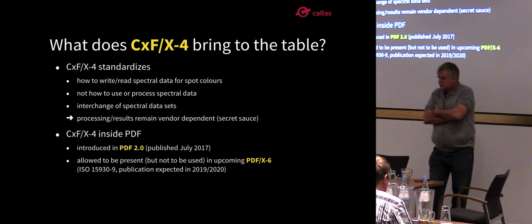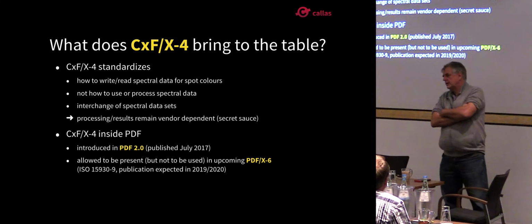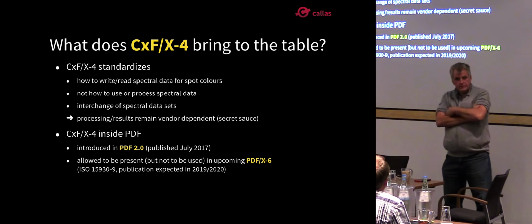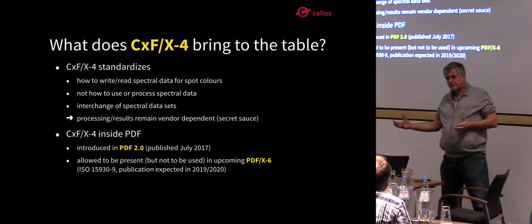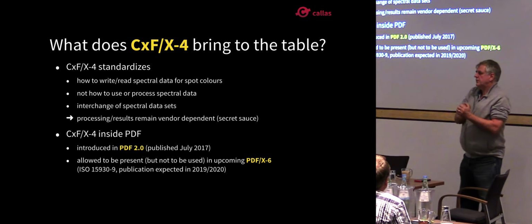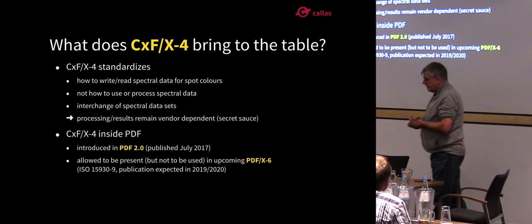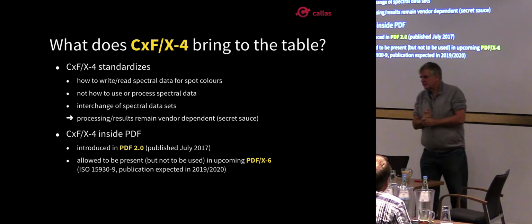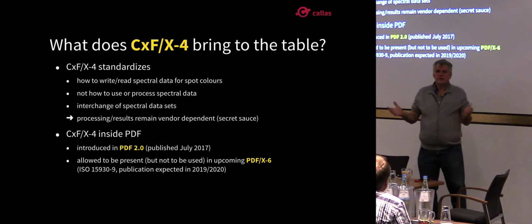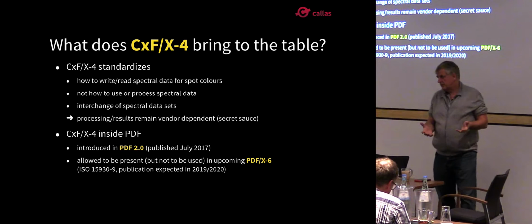So still people claim that because we have spectral data entry in PDF 2.0 and we can put CXF data for spot colors inside the PDF 2.0 file, and then maybe also in a PDF X6 file, which is coming next year or the year thereafter. It's not clear what you do with it. There's no definition in PDF 2.0 what to do with it.